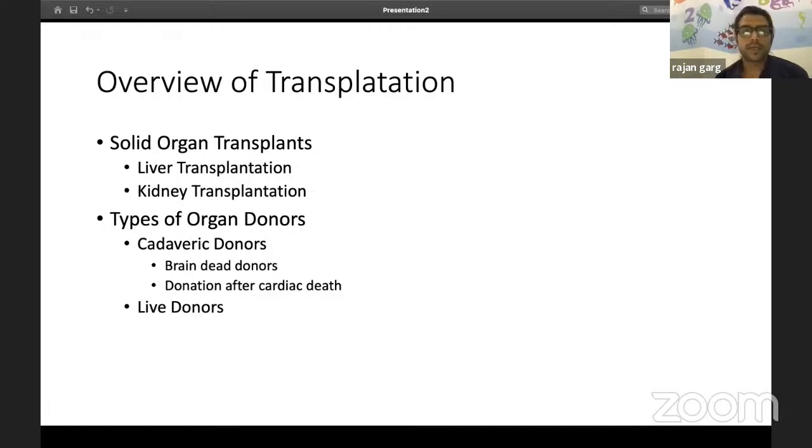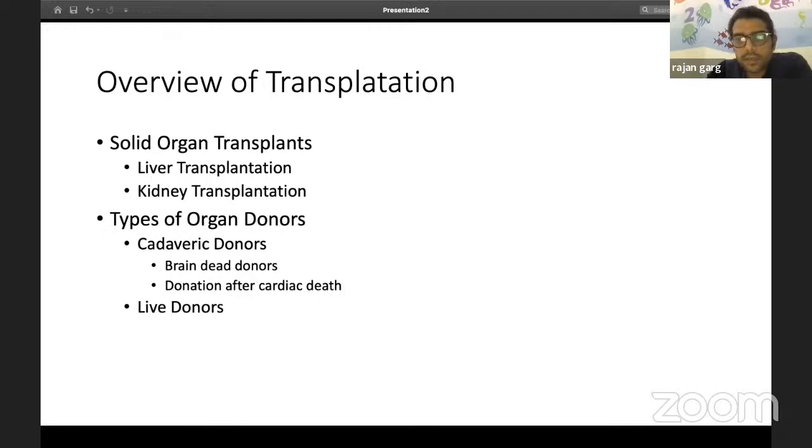So for pediatric liver recipients, the live donor option remains the best, where any member of the family between 18 to 55 age group who has a matching blood group can donate an organ, be it a compatible or an identical matching donor.